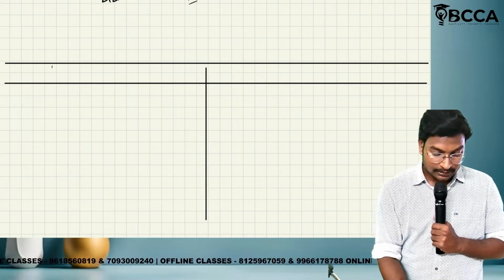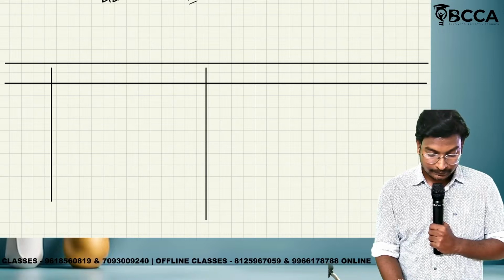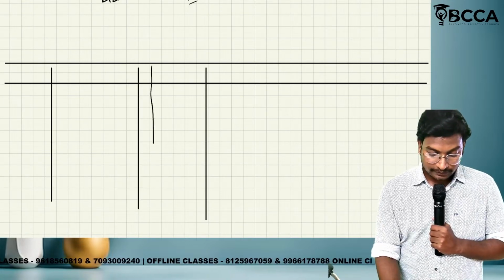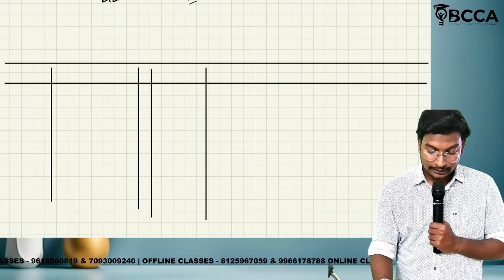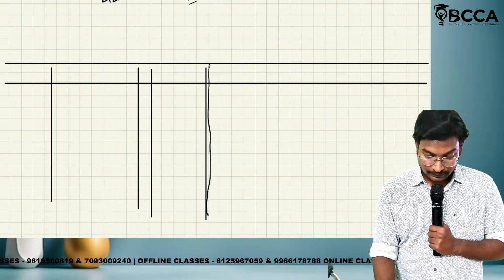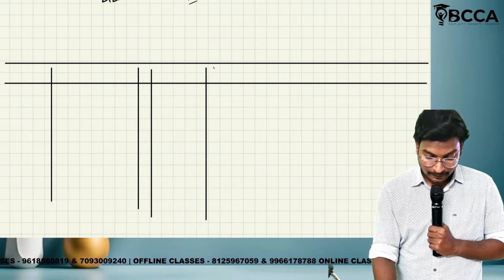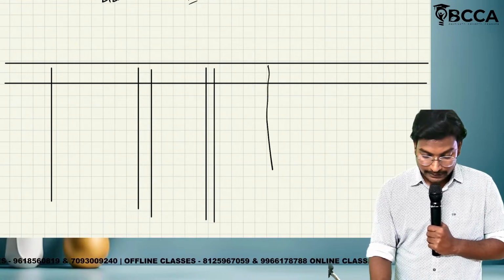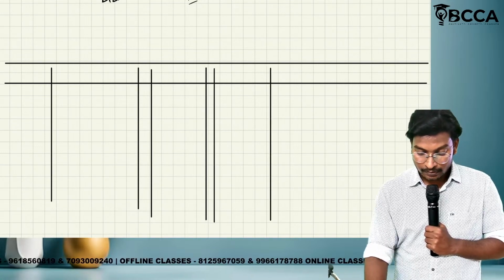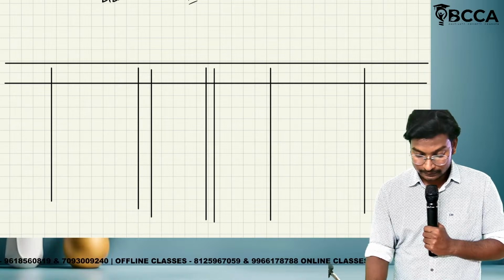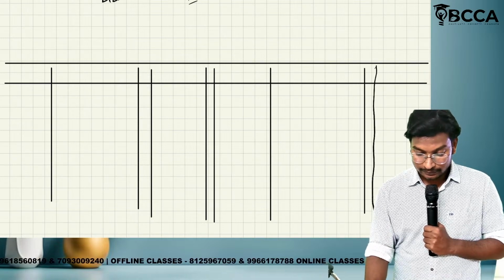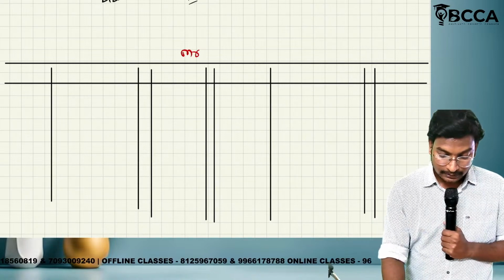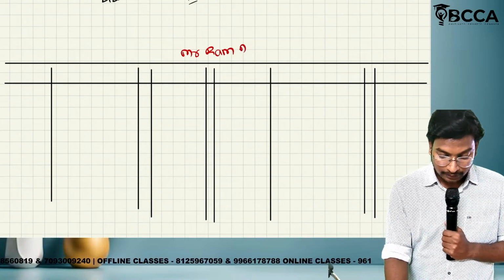So what are the columns? Date, particulars, JF, amount. What is the account name? Mr. Ram account.